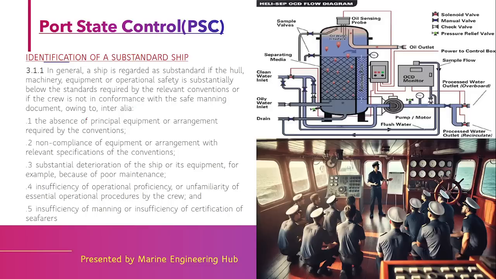It means that the principal equipment is missing, that you are not complying with the rules and regulations, that your equipment has deteriorated very badly, has no water integrity, you are unable to operate it with proper efficiency, and your manning is not proper. So these conditions clearly indicate that your ship is substandard, and if that is the case, you will be subject to a more detailed inspection and you may be detained.